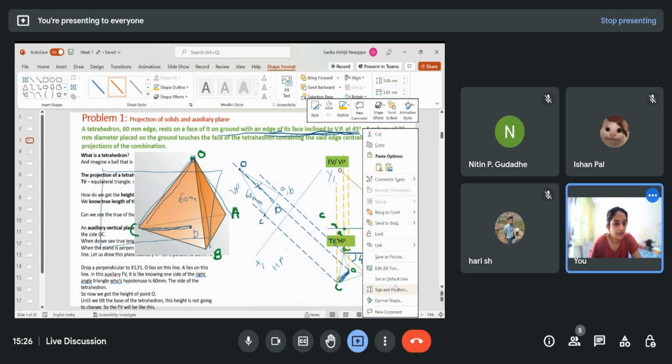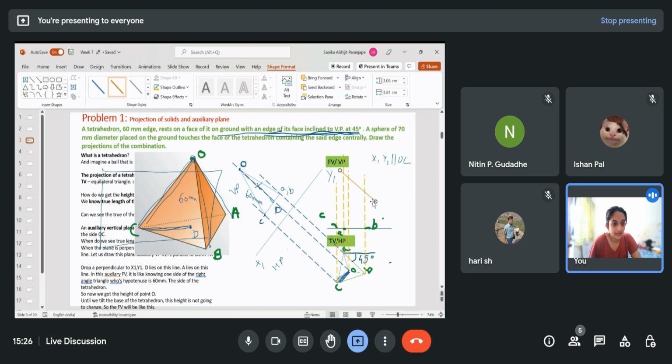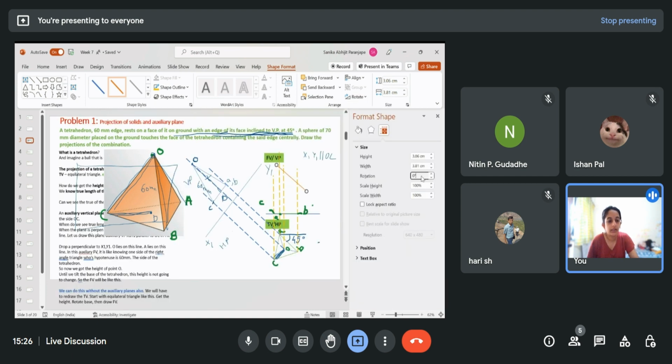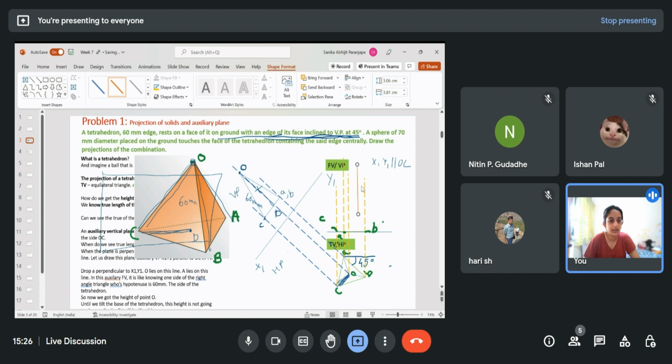So let us rotate this line by, I think 45 should do. So let us rotate this line so that now this is vertical.